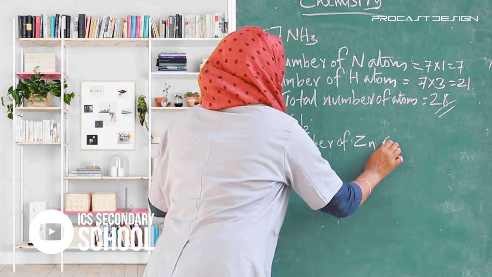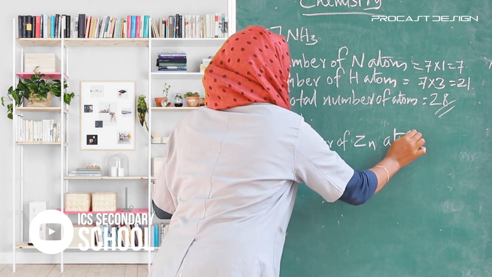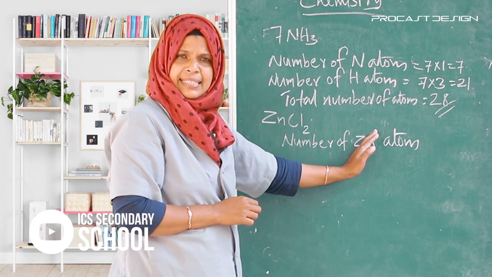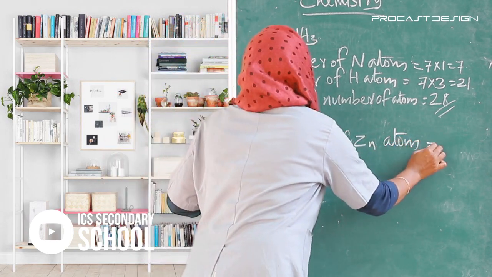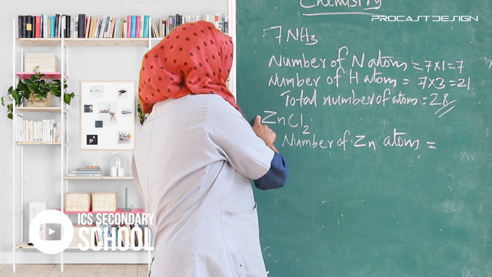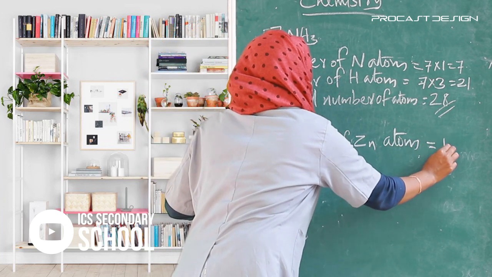The symbol of zinc is Zn, equal to 1 into 1, 1.